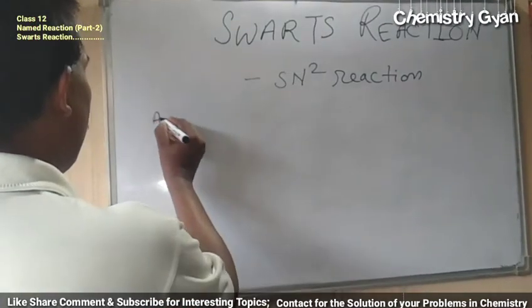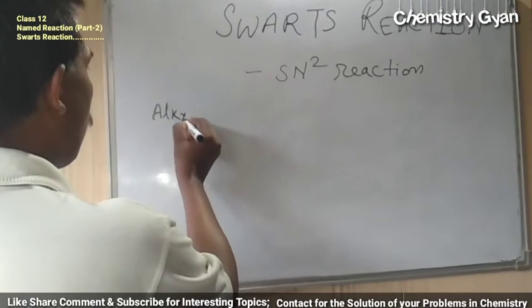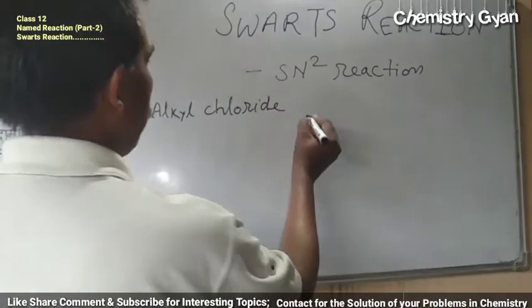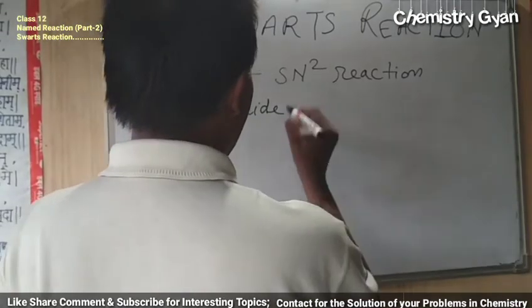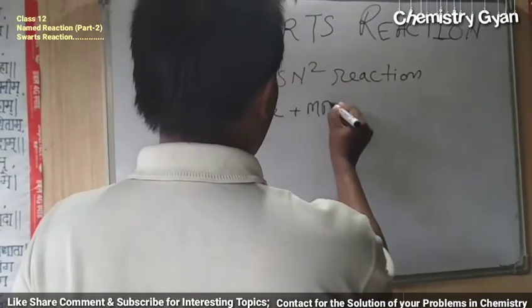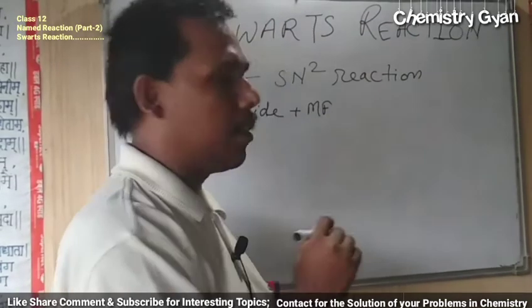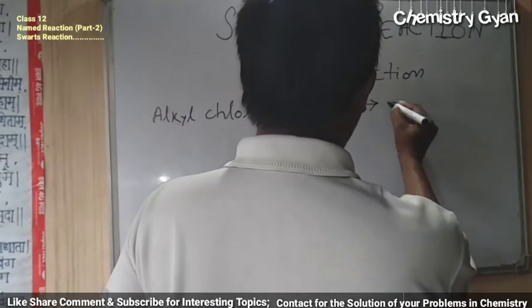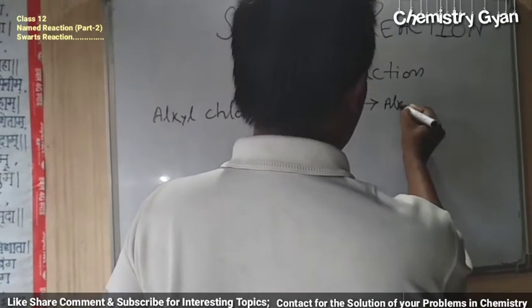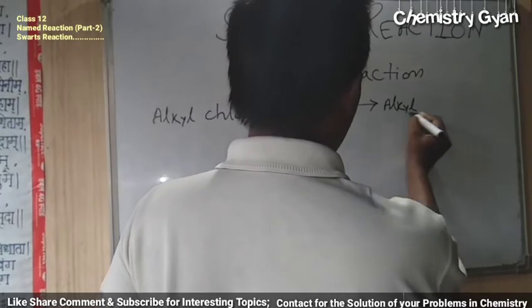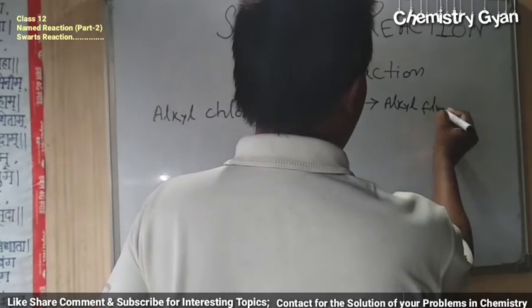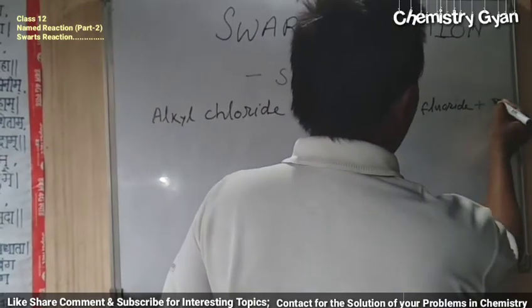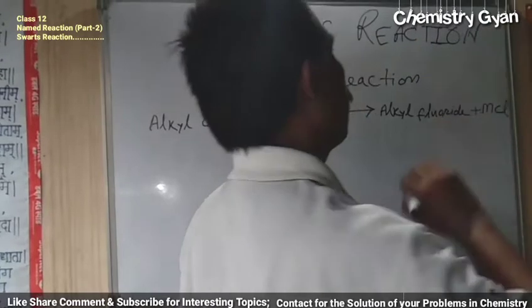If you are taking alkyl chloride for the reaction, take the respective metal fluoride. It produces alkyl fluoride and metal chloride.